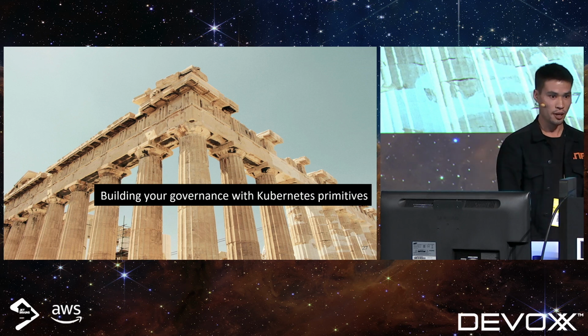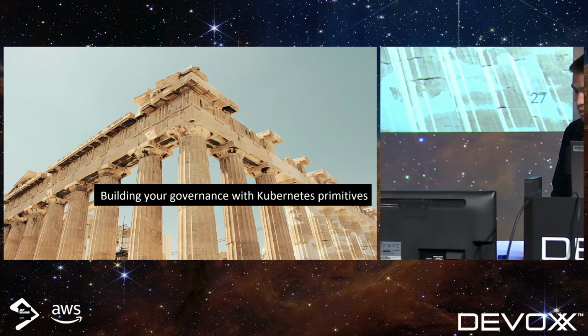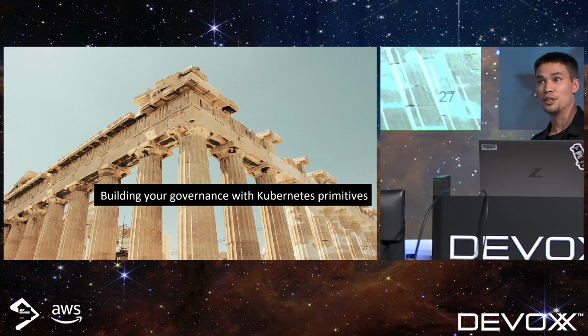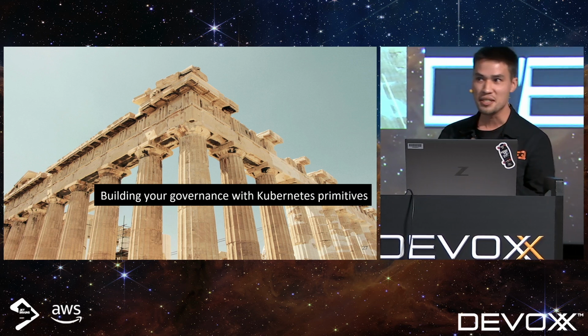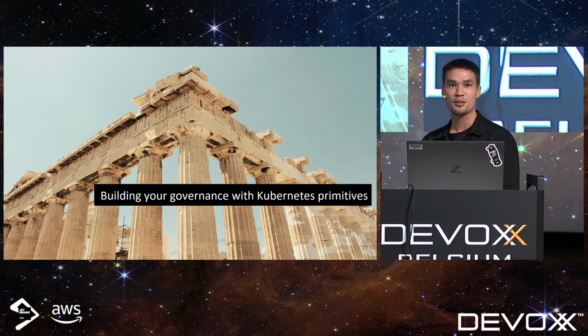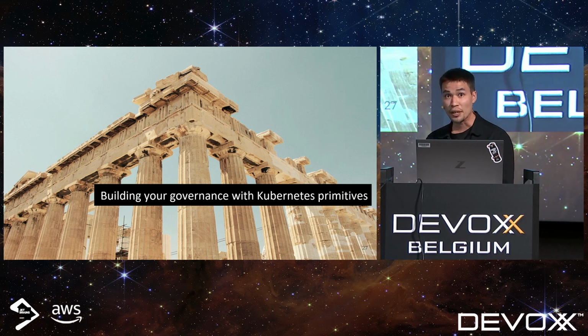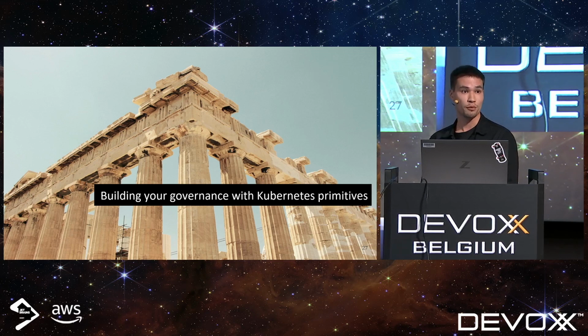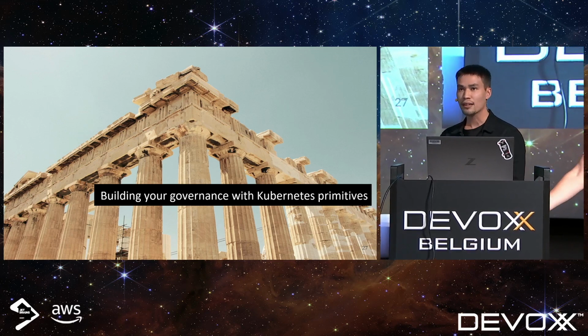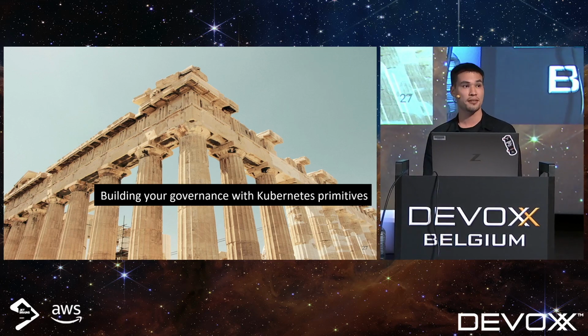Thank you, Vincent. So now that we have checked this first layer with the infrastructure, and we know that the Kubernetes cluster seems properly configured, we know what is going on in this cluster and what kind of workload we have, we would like to build proper governance.